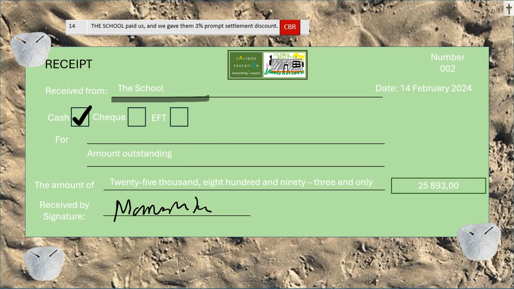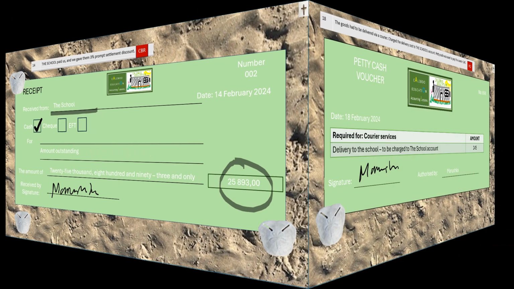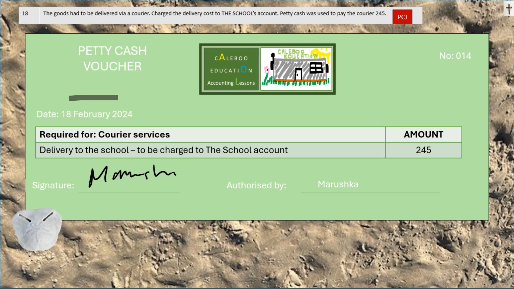Then the school paid us, we issued them a receipt. This is the document used to record the receipt of cash from a debtor. And then there's a petty cash voucher.